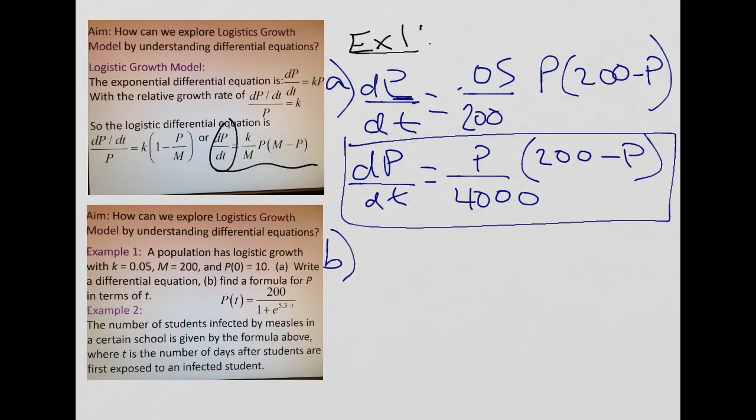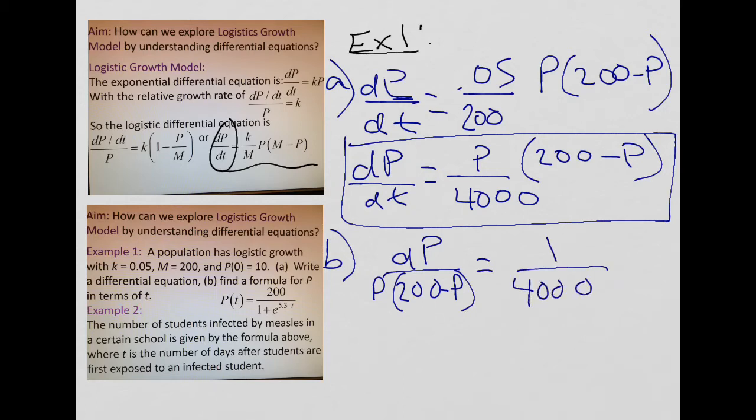Part B, find a formula for P in terms of t. This is where we have to solve our differential equation. When we solve it, we're going to take everything that's in terms of P and put it on one side of the equals, and leave everything like a constant or anything in terms of t on the other side. This implies that we need to do a little bit of partial fraction decomposition.